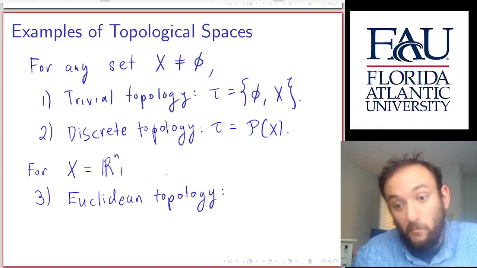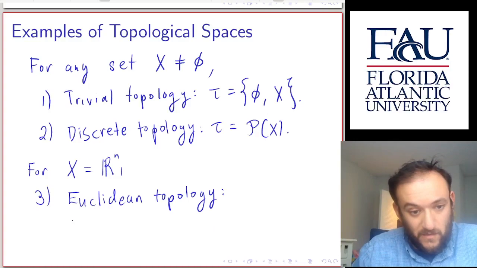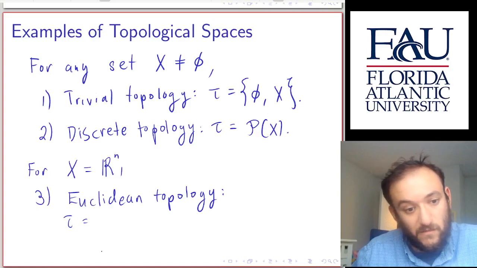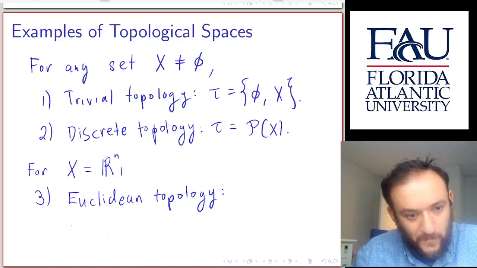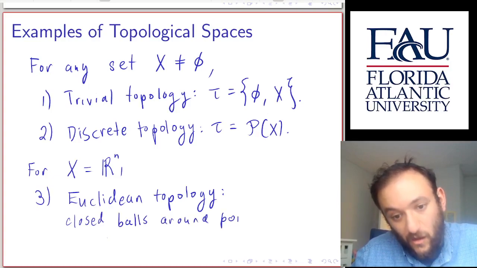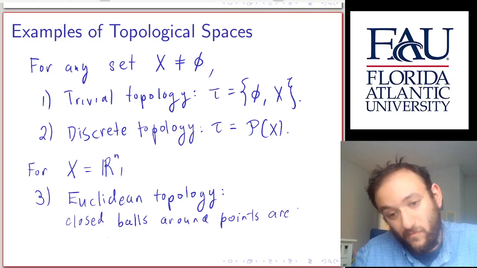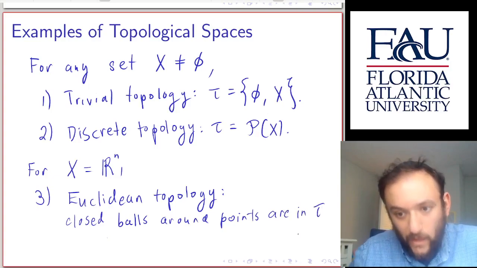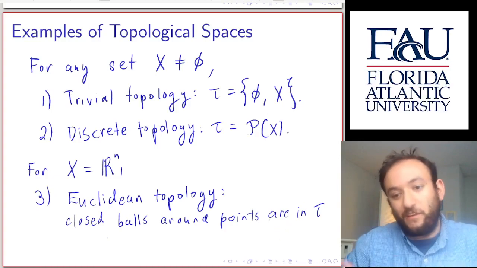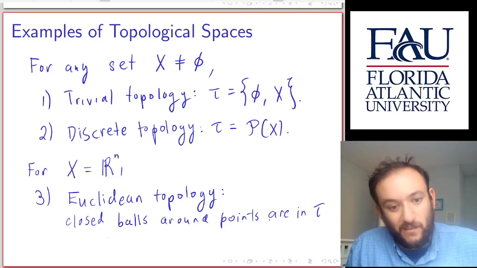Among its closed sets, the closed balls around points are in tau, as well as anything else you can construct with those closed balls, including unions and intersections, et cetera.